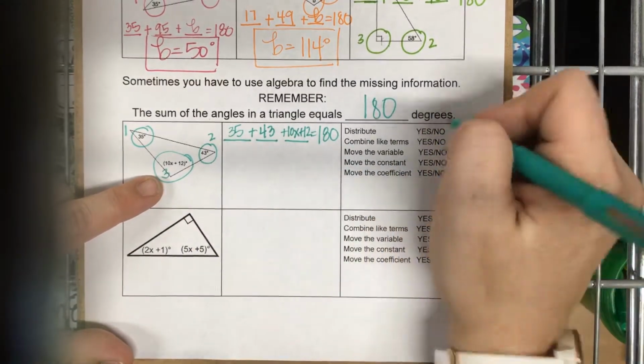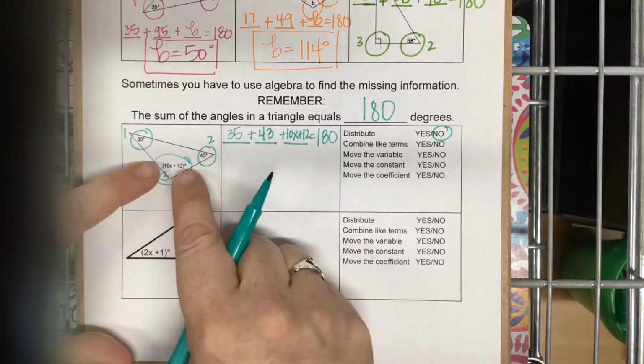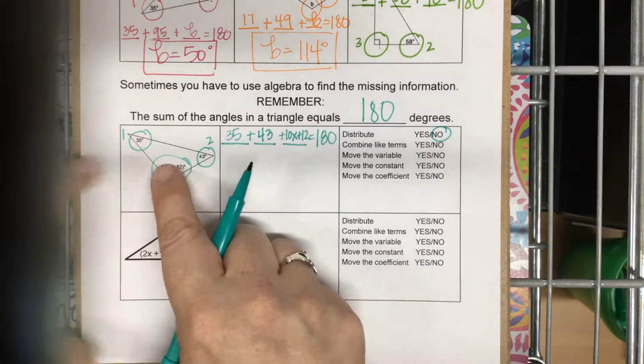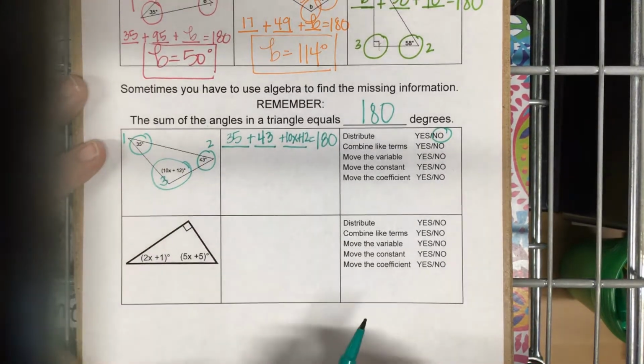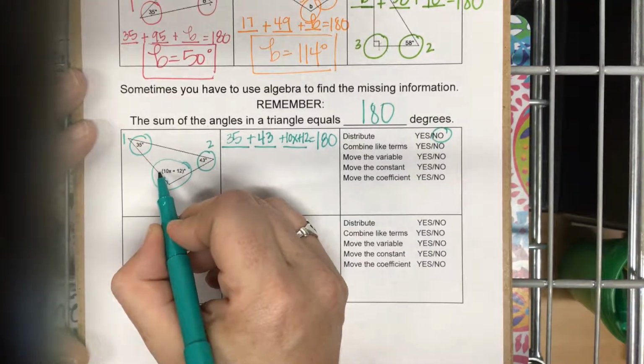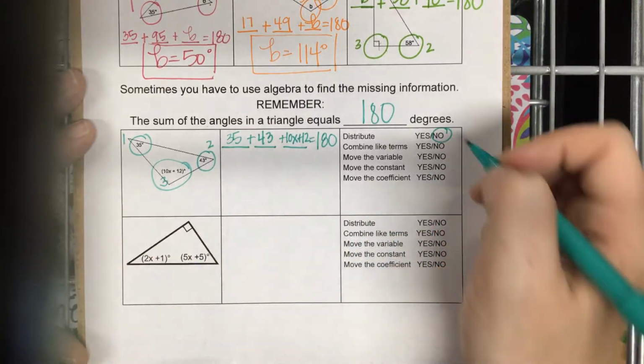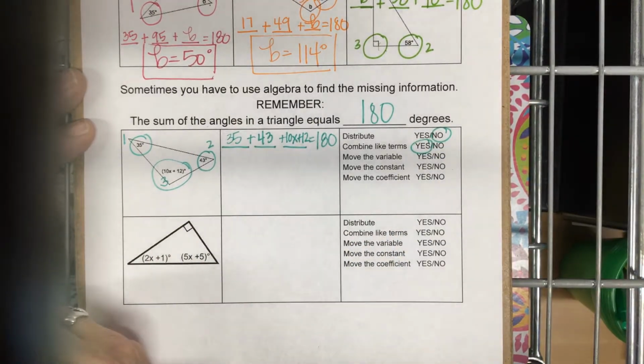Do I need to distribute? No, there aren't any parentheses. These parentheses just show that these two terms belong together. There's no coefficient touching them, so I don't need to distribute.